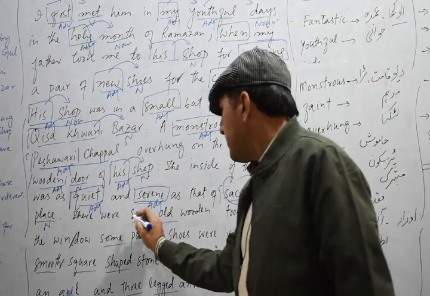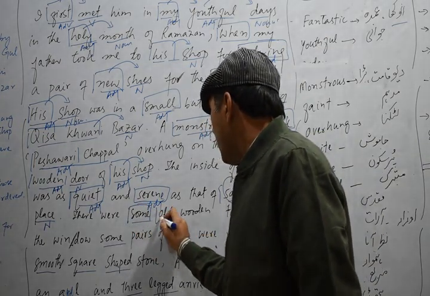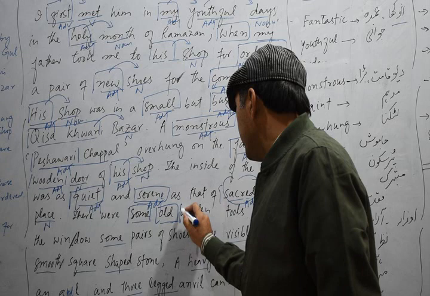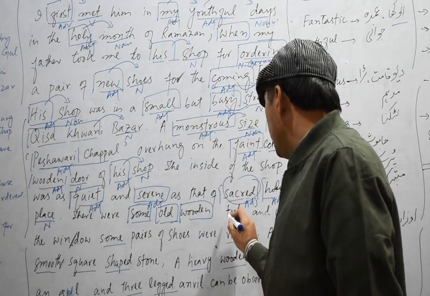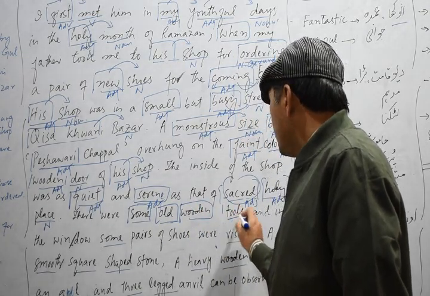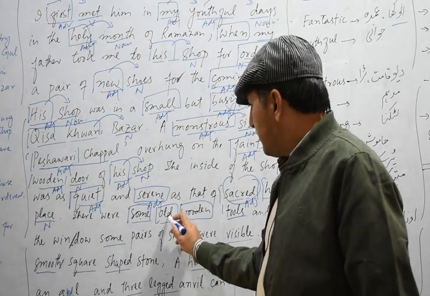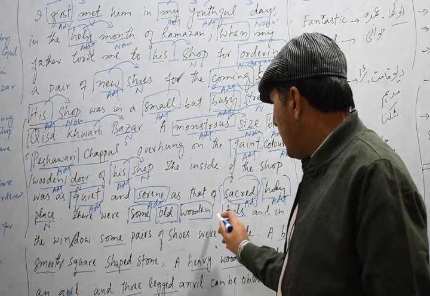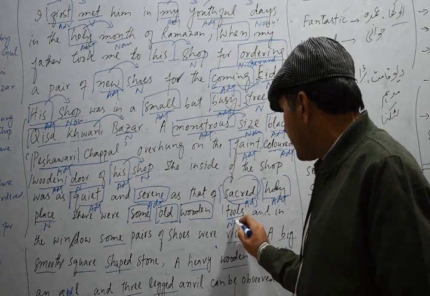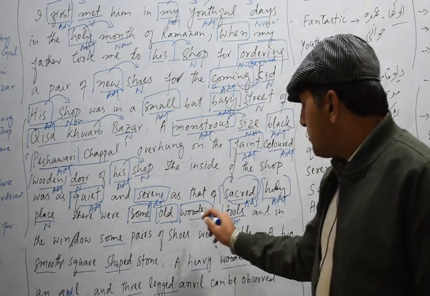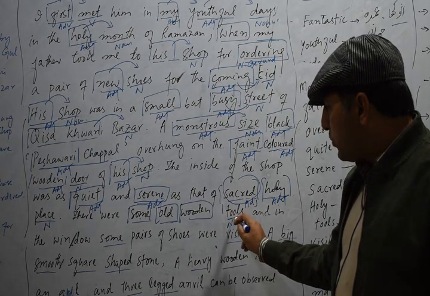Now you see we have some old wooden tools. So these three words, some, old, wooden, tools. Tool is a noun. So these three words modify this one word tools, which is a noun.